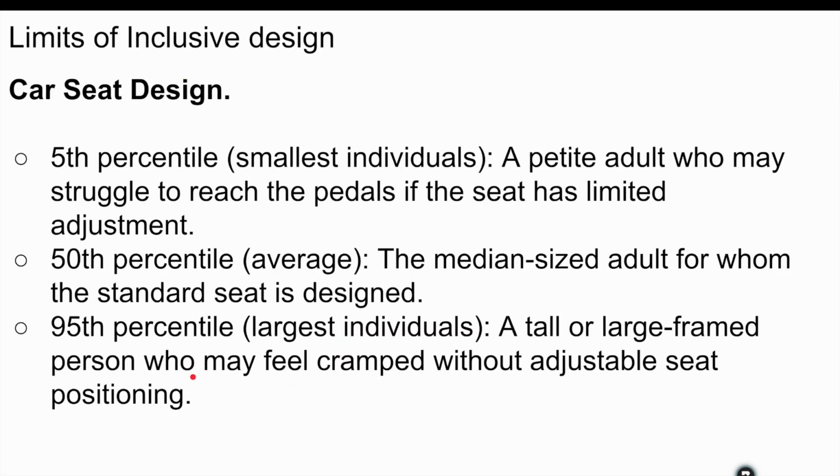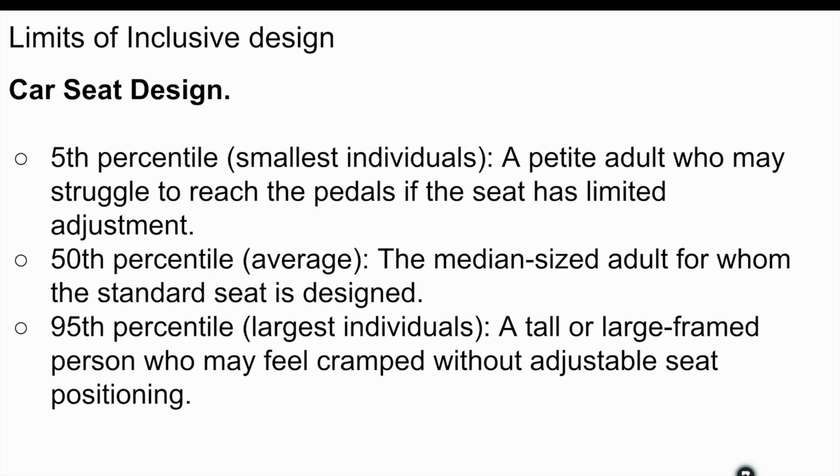We might think of things like car seat design. And this is one of these limits of inclusive design. You can't always have it for everyone. So a very small adult might struggle to reach the pedals if the seat has limited adjustment. So if you think of designing for the 5th percentile, even that might be too far away from the pedals for somebody who is below the 5th percentile.